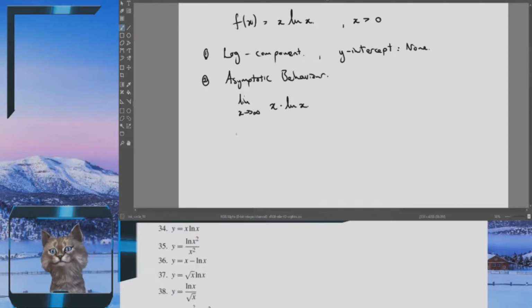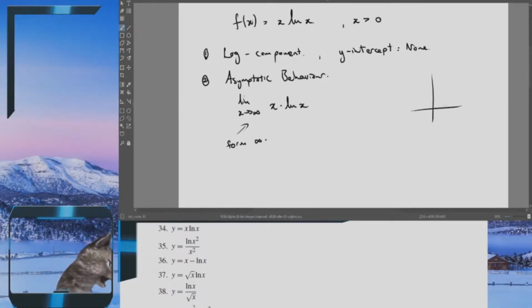Now, what is the form of this limit? The form of the limit is, well, x goes to infinity, and log of x, I remember the shape, also goes to infinity. It's a little slower, but still. So I have two large positive numbers, so large and positive.